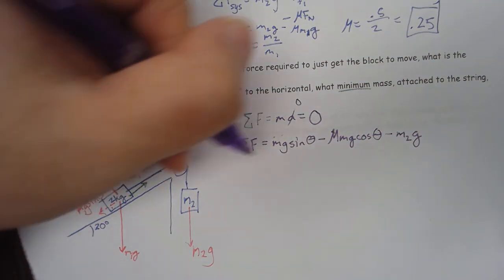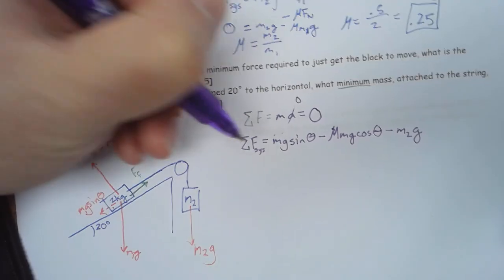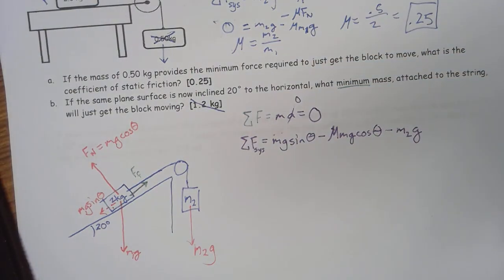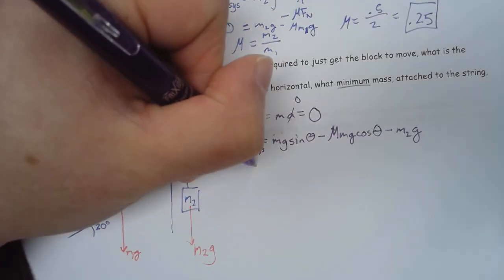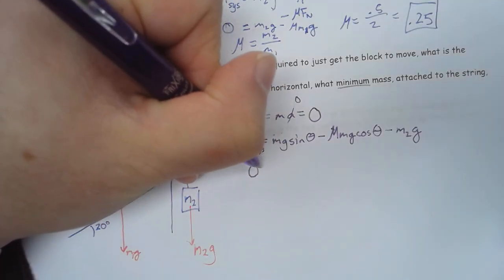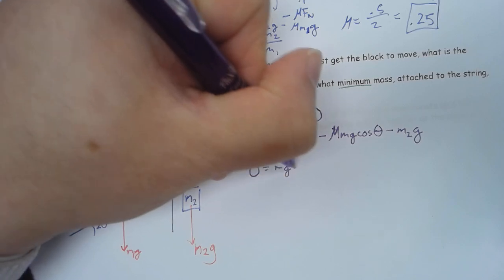So that's our full system of a problem. Wait, what is our net force equal to? 0. So what do you want to move to the other side with all this?